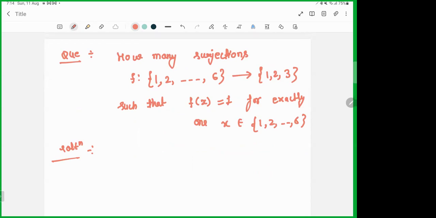The question is asking for the number of partitions into three, since each partition will be one of the elements in the codomain. So you are saying 3 partitions of the set 1, 2 up to 6.